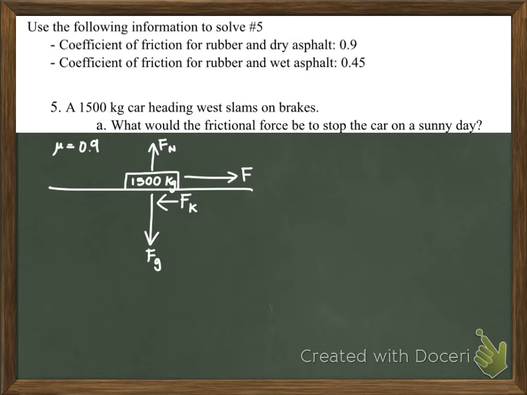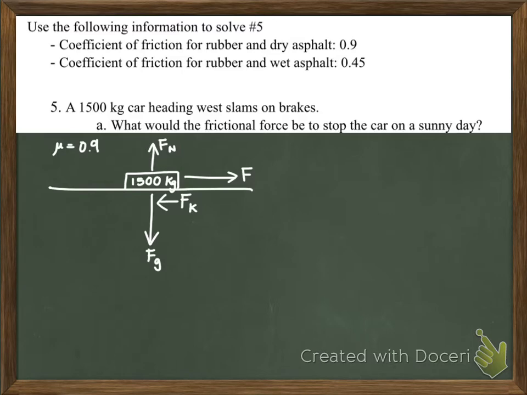And then obviously the car is moving forward, and that's this force, and we're going to need a force to stop it, right, which is going to be the kinetic force, this one. It all depends on the asphalt. In this case it's sunny, so the coefficient is going to be 0.9.